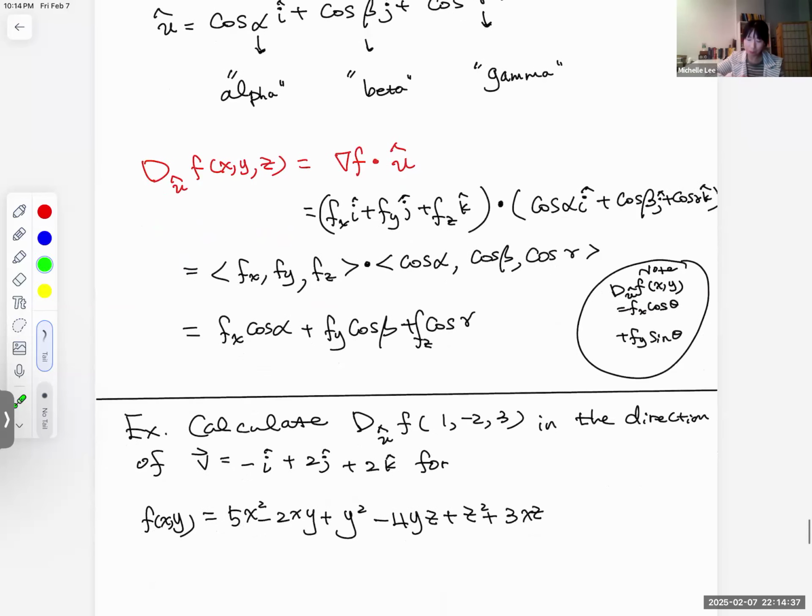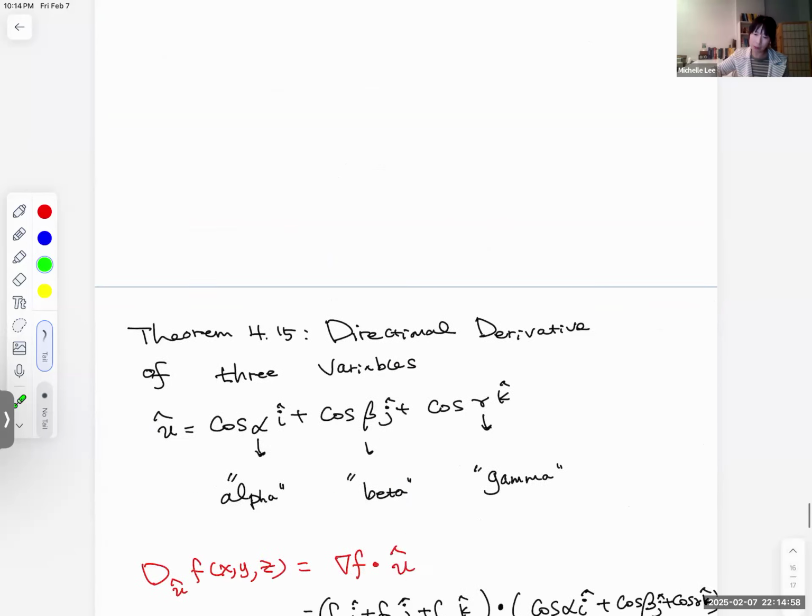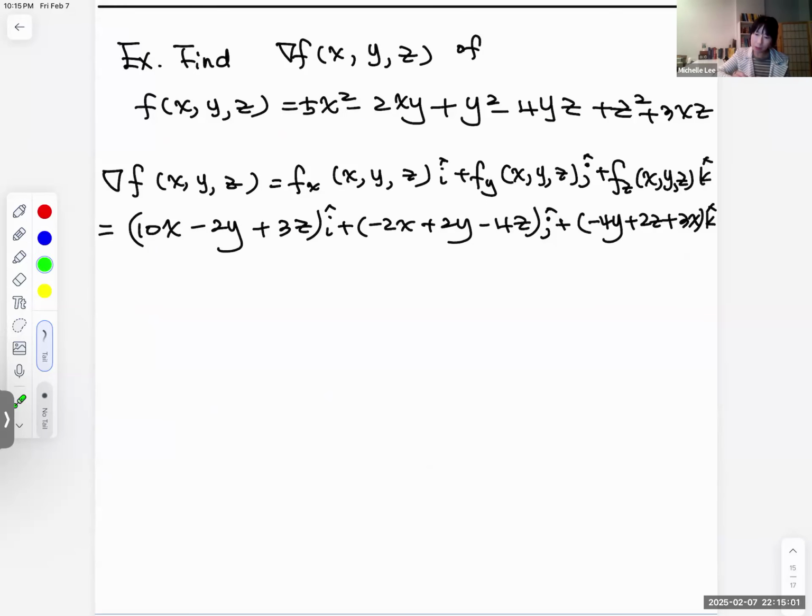So let's do this one. We want to apply this formula, but then we had the partial derivatives with respect to x, y, z from earlier, right? So let's use that. So we have this one.